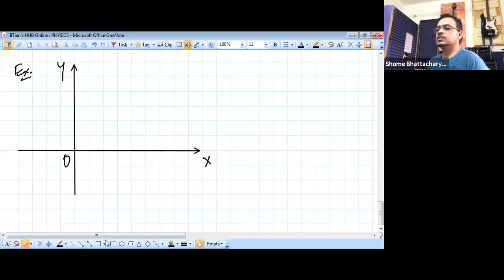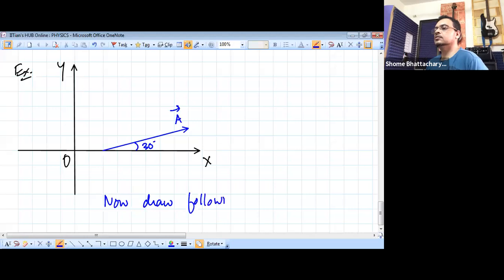Now in this, I'm drawing a vector A like this, let's say over here, which is making angle 30 degrees with the x-axis. Okay. I ask that now draw the following vectors. Approximately. Don't have to make an exact one.